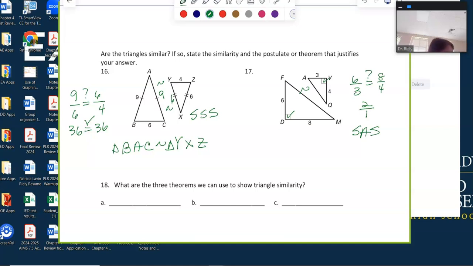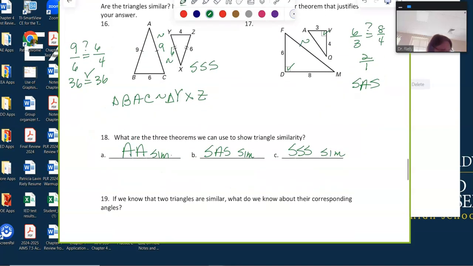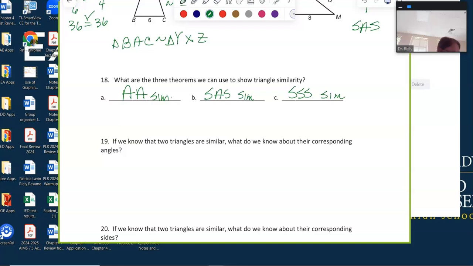Okay, what are the 3 theorems that we've been using? Either angle-angle similarity, and I'm going to write sim next to it, or side-angle-side similarity, or side-side-side similarity. That's what we've done so far. If we know that 2 triangles are similar, what do we know about the corresponding angles?